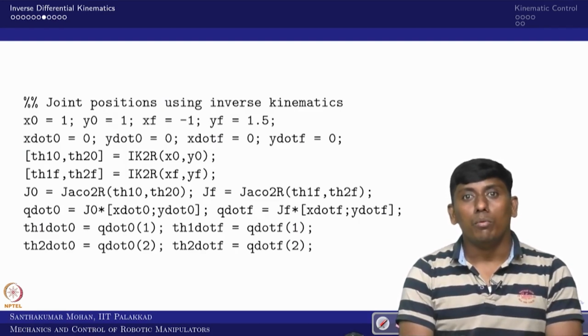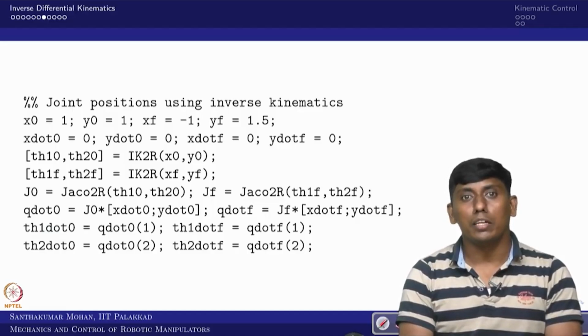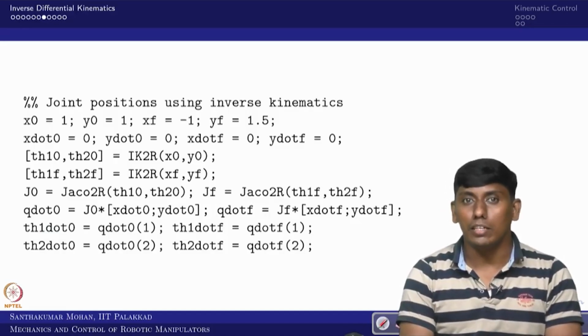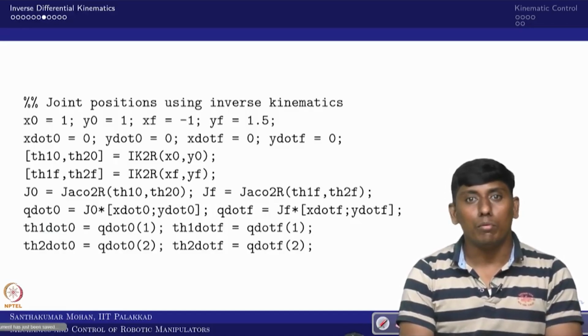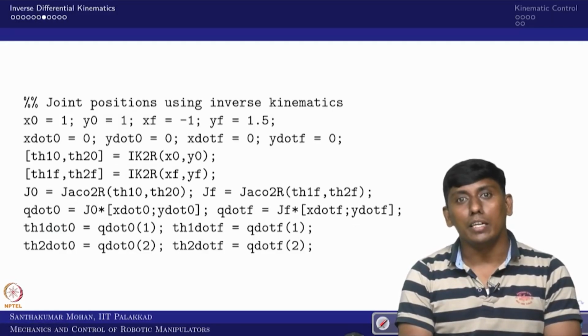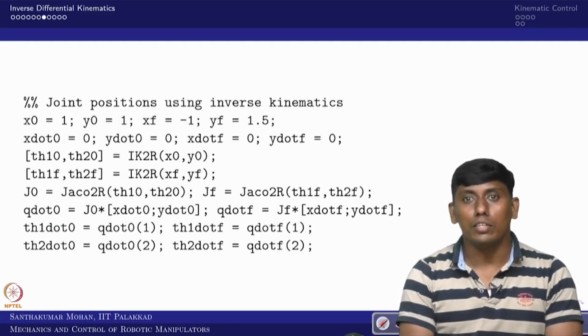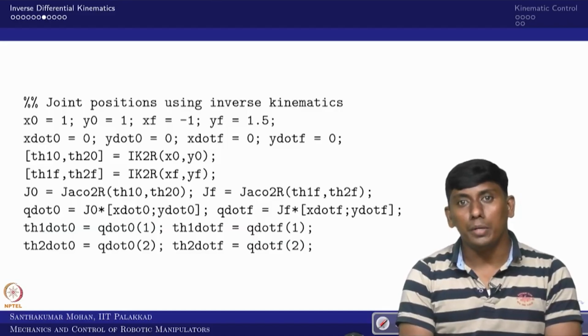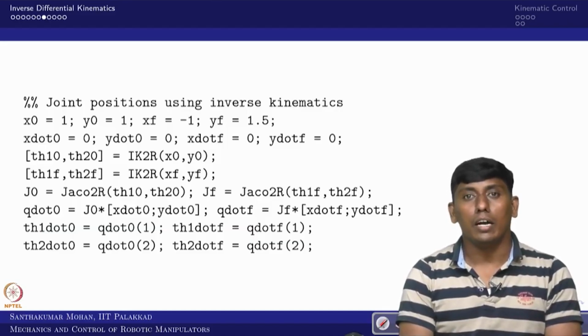Through the inverse kinematics we can find theta 1 initial and theta 2 initial. Similarly, theta 1 final and theta 2 final we can get. To further find the initial velocities, we can use the Jacobian, because we know the end effector velocities. In that sense we can find the joint space velocity by the Jacobian matrix. That is what we can do, right.